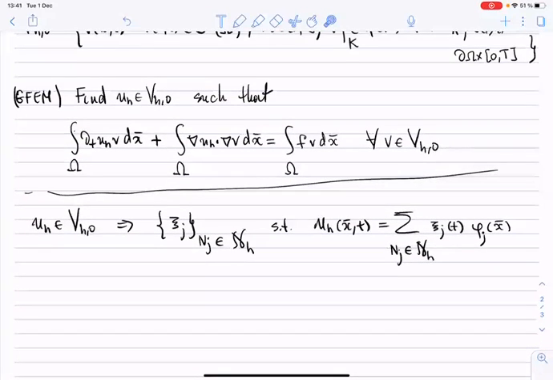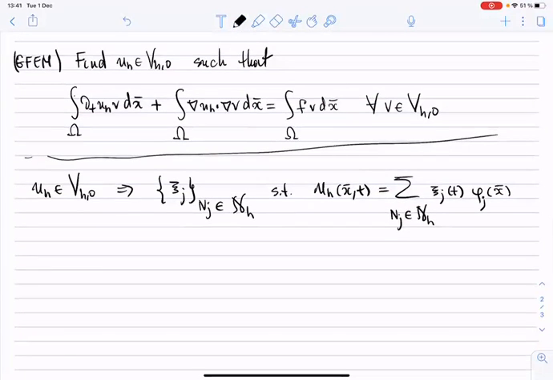So we insert this representation of the unknown function into the finite element equality, the variational formulation, and we're going to rearrange a little bit. For example, the integral I put inside, and the summation I put outside. Since the coefficients depend on time, and here the integration is only spatial integration, I can just move these coefficients outside of the integral.